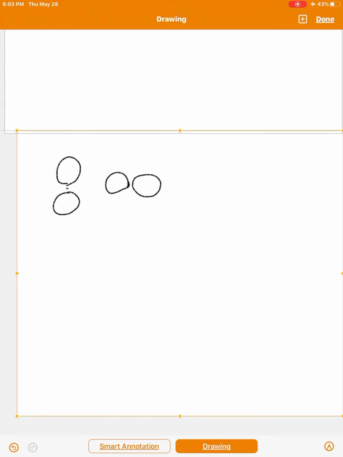is 90 degrees rotated. Essentially what I did was I rotated this orbital by 90 degrees in order to get this one right here. So these are perpendicular to each other. Think of an xy axis.